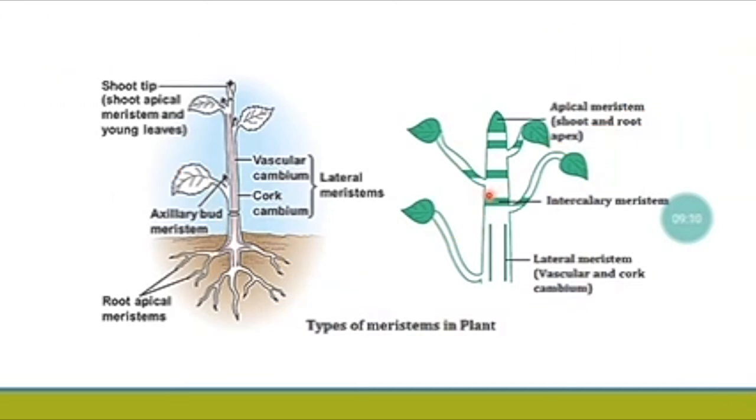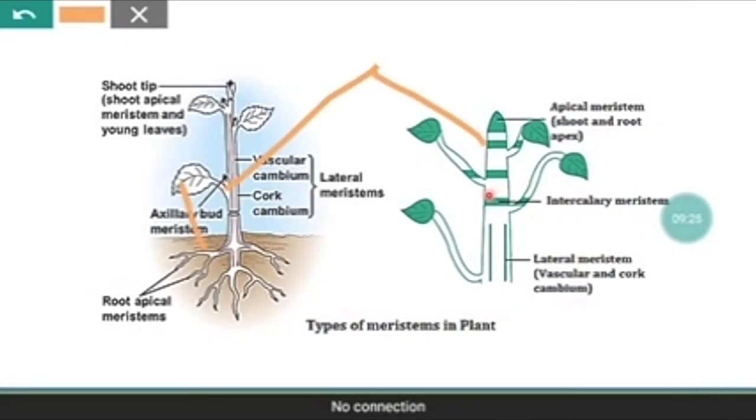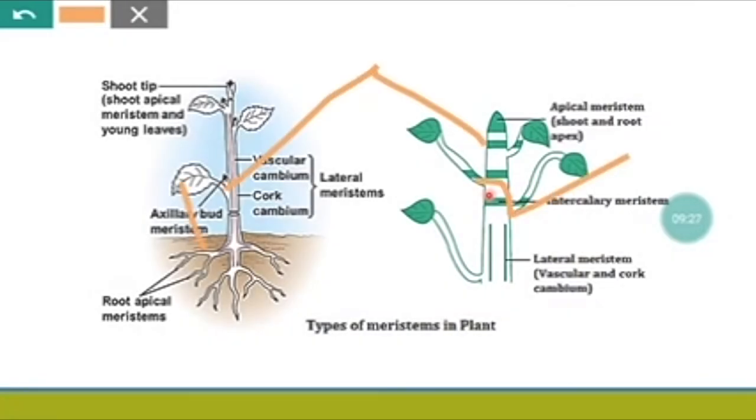And next, normally in the meristematic tissue, every time a cell divides, it divides in two ways into two different types of cells. The first cell remains identical to the parent. In the meristematic tissue, the cells divide continuously, and when they divide, two cells are formed.